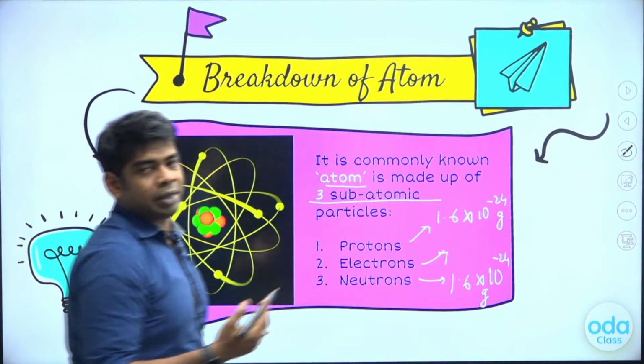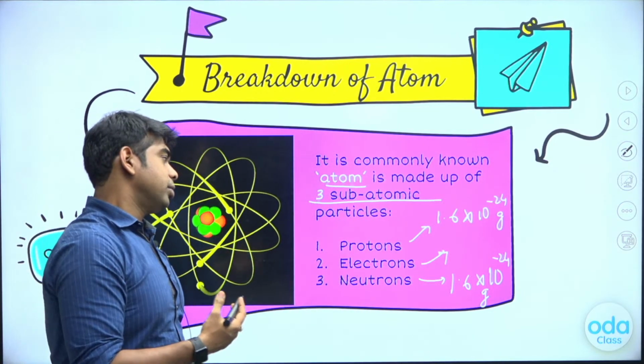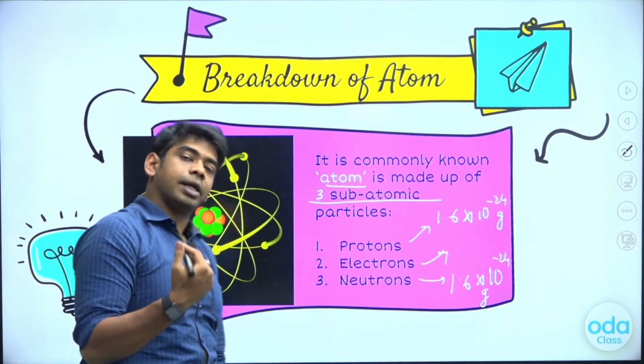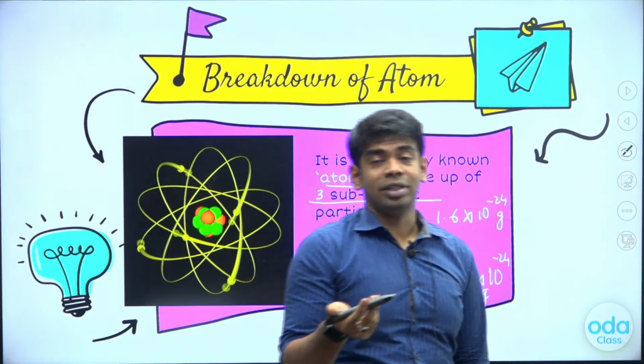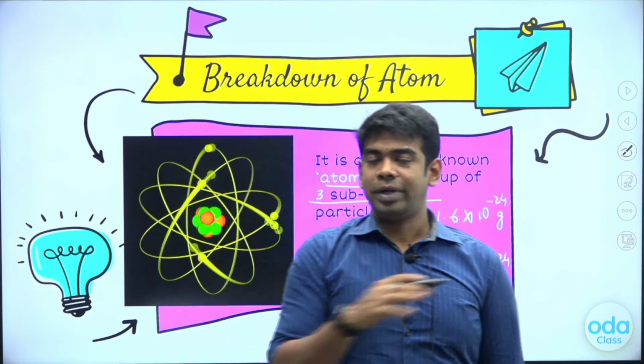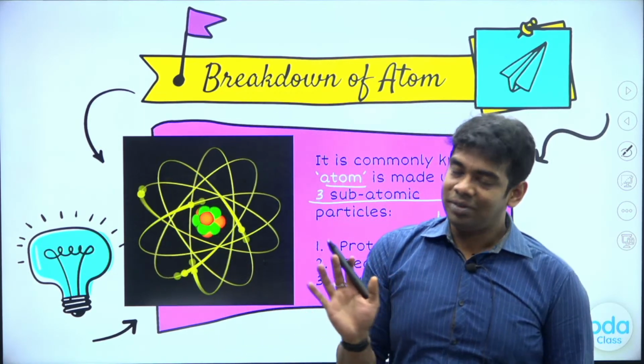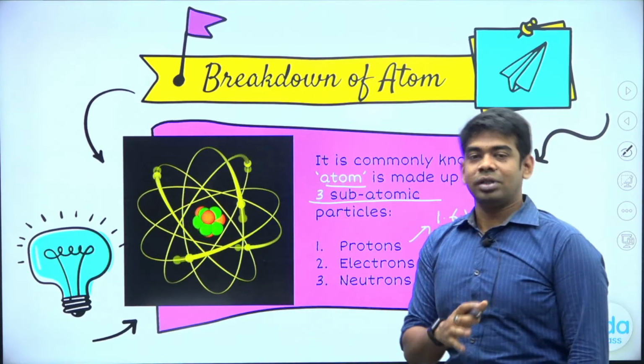This is an approximate weight, don't worry about it. You can use this particular value and you will get the correct results, unless you are doing minute calculations in quantum mechanics. We are not concerned about that. We will assume that the mass of protons and neutrons are approximately the same.